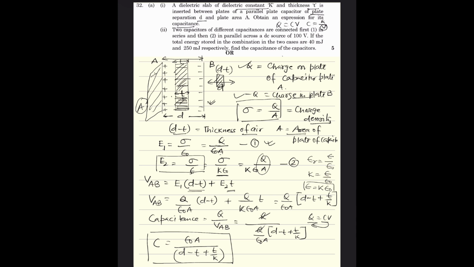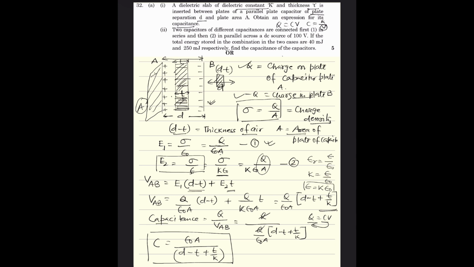So the potential difference between A and B is, putting the values of E1 and E2, Q common, into d minus t plus t by K. This is the total potential difference between plates A and B.